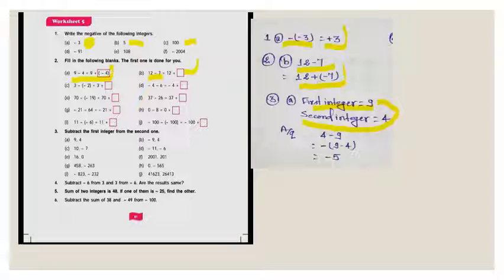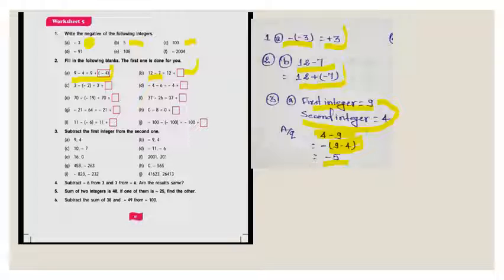So you have to subtract the first integer, 9, from the second integer, 4, which means you have to subtract 9 from 4, which means negative of the difference of 9 and 4, which is equal to negative of 5, minus 5.